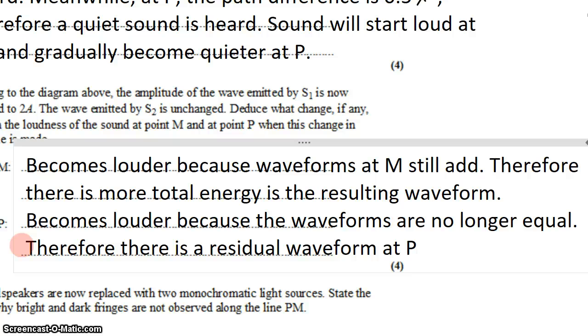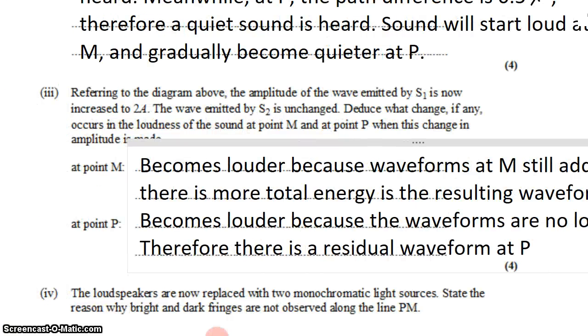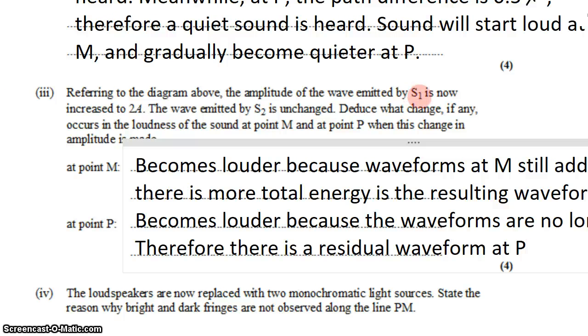And so there's still some information from the wave that came from S1 arriving at P. They don't totally cancel out. And so even though the sound at P will be quieter than the sound at M, the sound at P becomes louder than it was before we made the change to speaker S1.